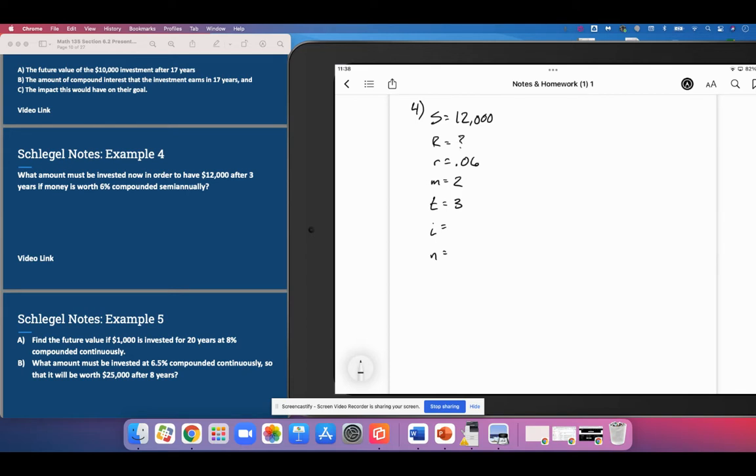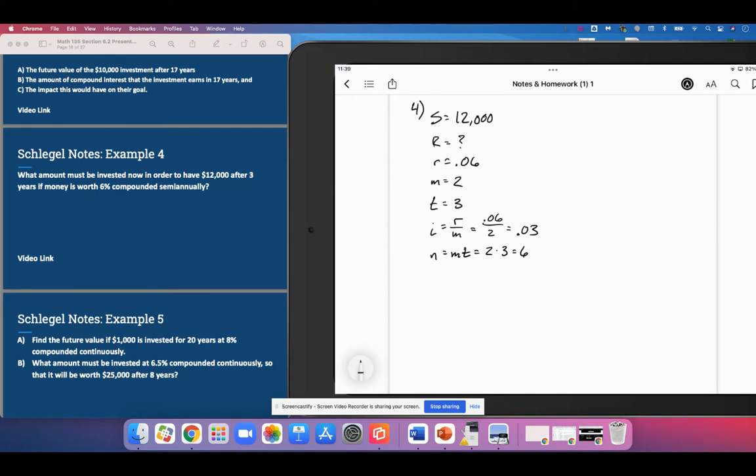And so in this case, it's this R right here, the size of the initial investment, that we are trying to figure out. So I is R divided by M, N is MT. So for I, I get 0.06 divided by 2, which is going to be 0.03. And then MT, I get 2 times 3, which is going to be 6.